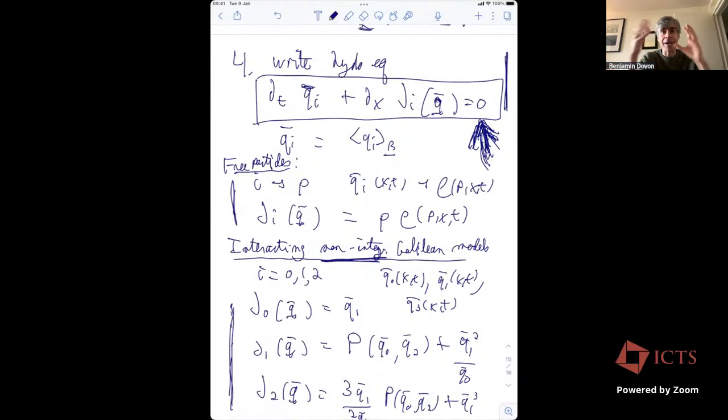If you know how many particles of momentum p there are, you multiply by p, and that's the current for that momentum. So these are the currents for the modes of the conserved quantity of momentum p: p times rho of p. And then you put that in the equation and you get the collisionless Boltzmann equation. And that's indeed the correct equation for free particles.